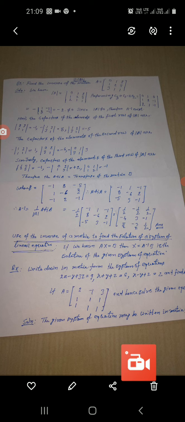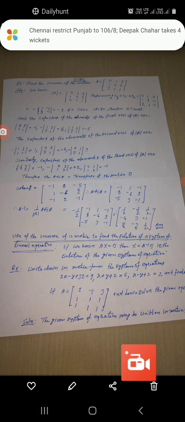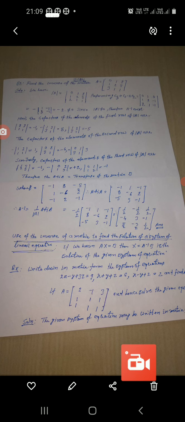Find the inverse of the matrix A is equal to, in brackets, 0 1 2 in the first row, in the second row 1 2 3, and in the third row 3 1 1.